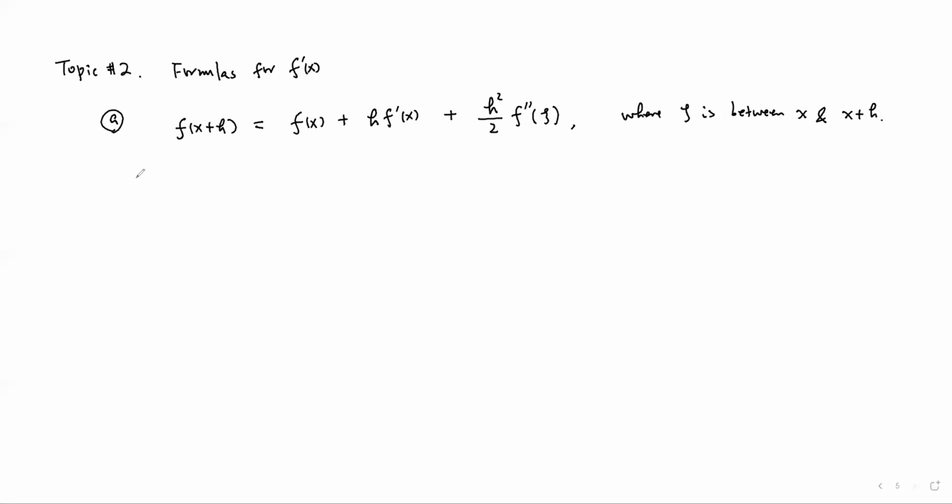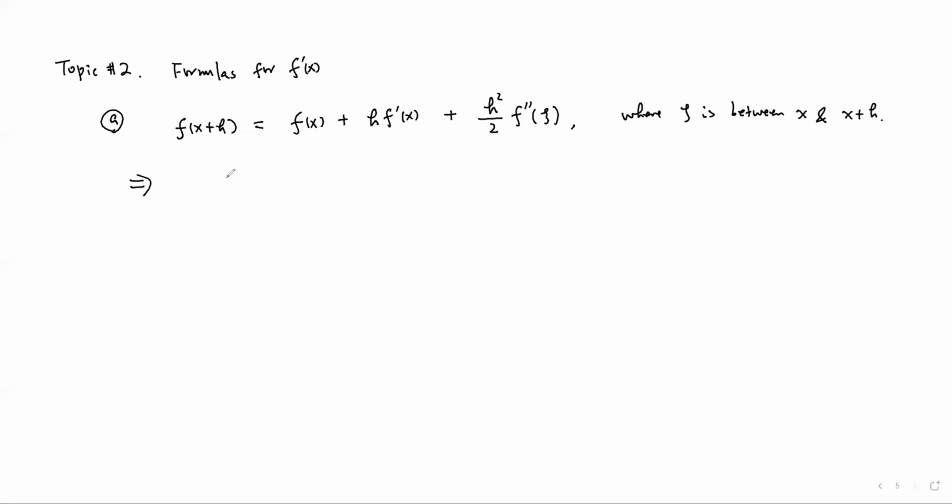Now from this Taylor expansion, let me isolate the first derivative. Move f of x to the left side and the error to the left side, then divide the equation by h.